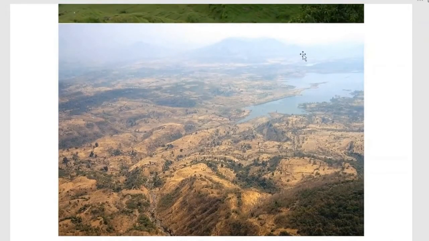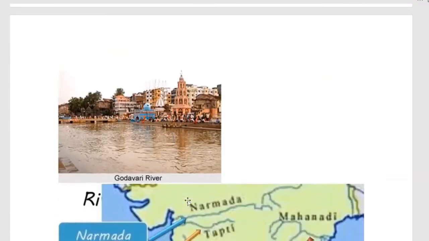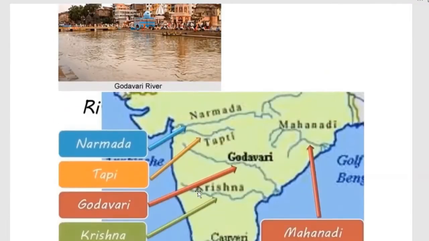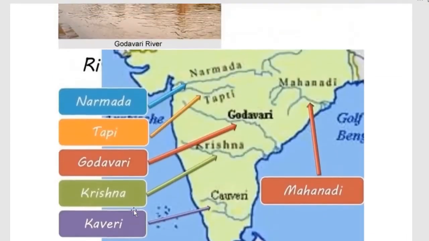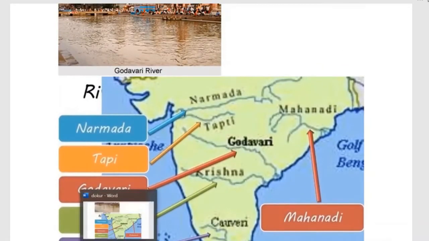And here you can see a pond, like water, and elevated areas and a few bushes and grass. And this is the Godavari river, and these are some rivers which flow towards the Bay of Bengal: Narmada, Tapti, Godavari, Krishna, Kaveri, and from here it is Mahanadi. This is the structure of the Deccan Plateau.